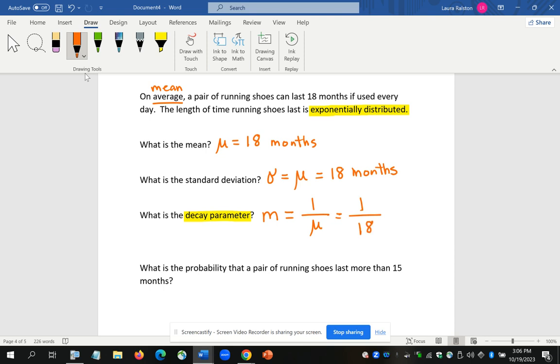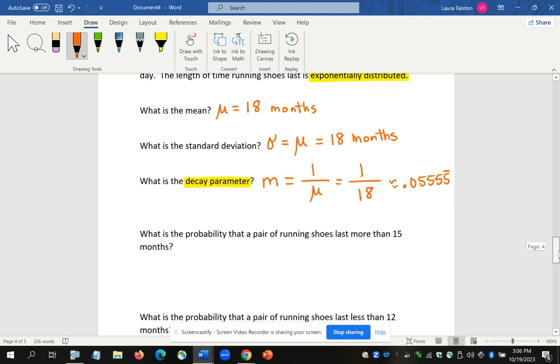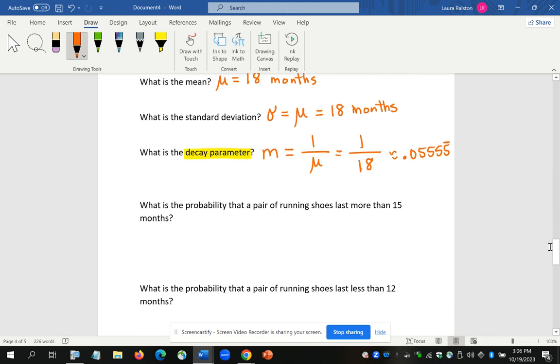Let's see if that's a nice decimal or not. 1 divided by 18. Okay, that's going to give us 0.05555 repeating. So probably in your calculations, it's better to use it as a fraction, just to be more exact, than to use a rounded decimal.